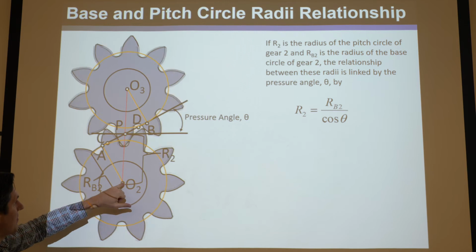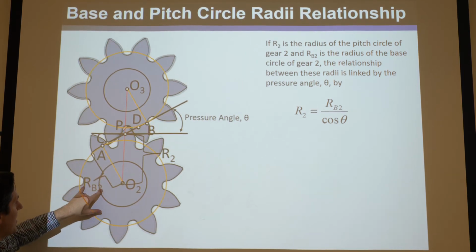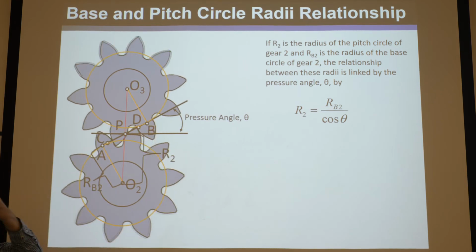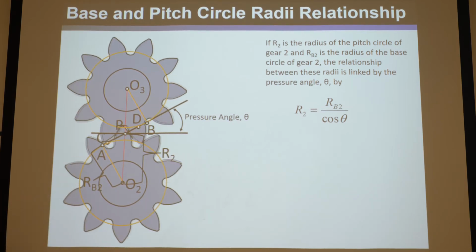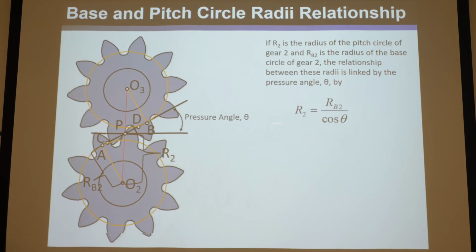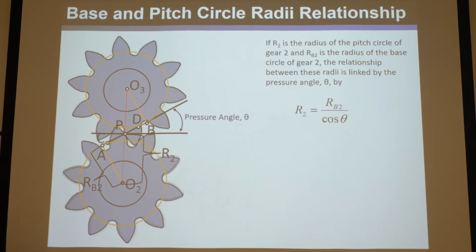That was a bad mistake. From O2 to A is the radius of the base circle, and from O2 to P is the radius of the pitch circle. The relationship between those is RB2 divided by cosine of the pressure angle equals R2.